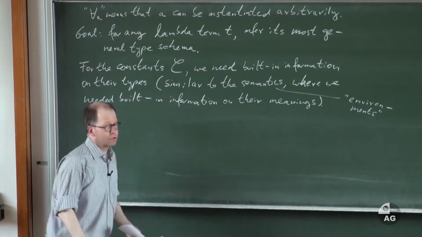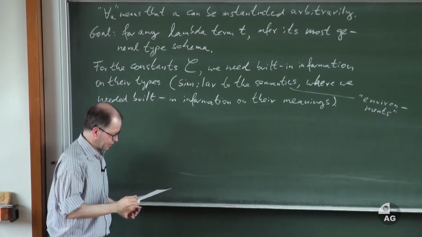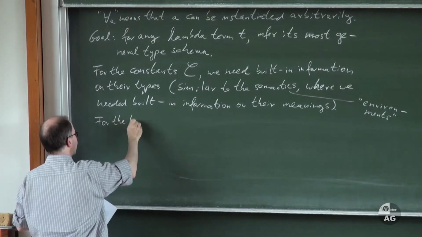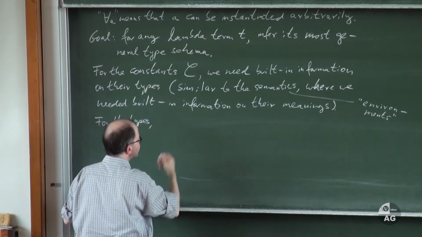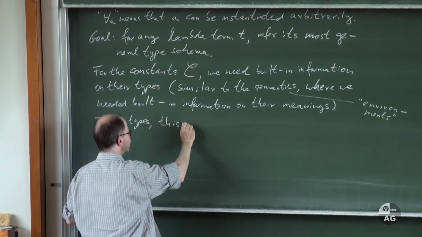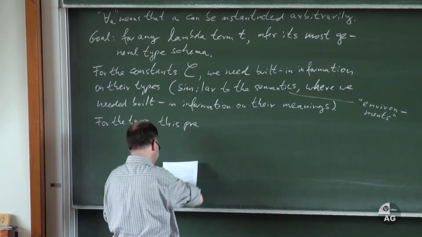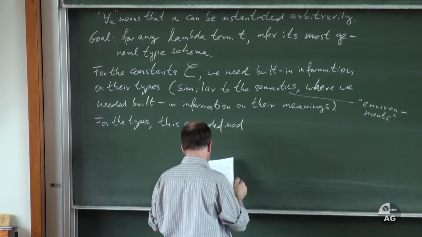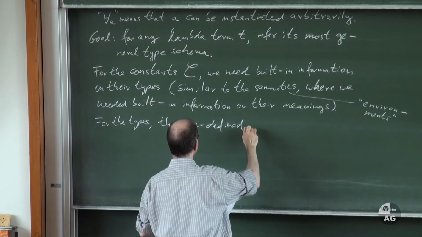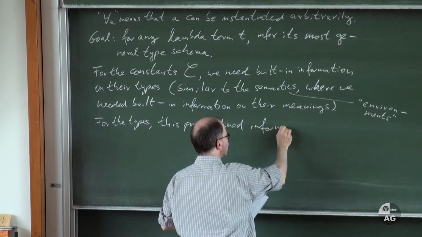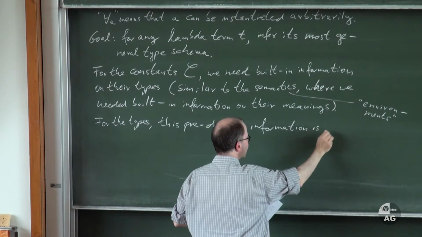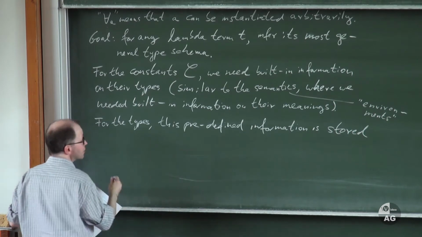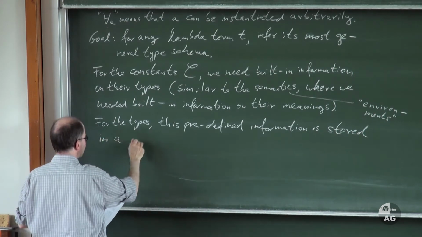And for the types, we don't call this environment, but we call this type assumption. So for the types, this built-in or predefined information is stored in a so-called type assumption.